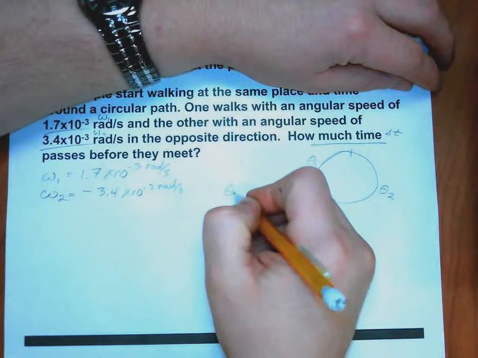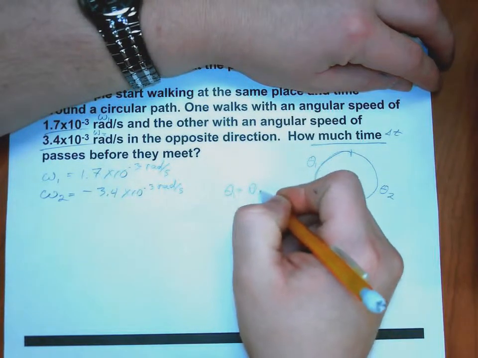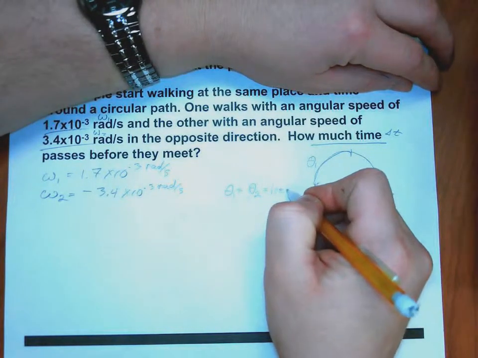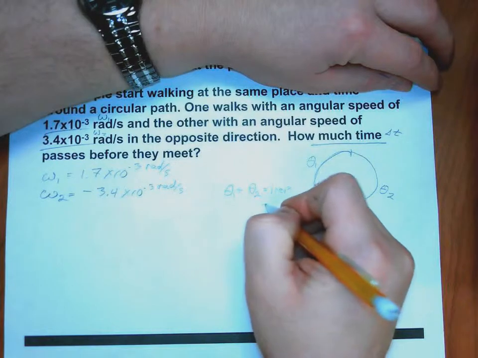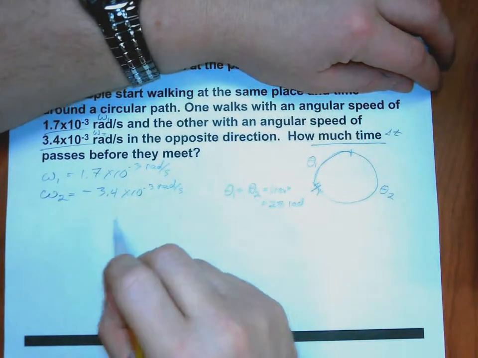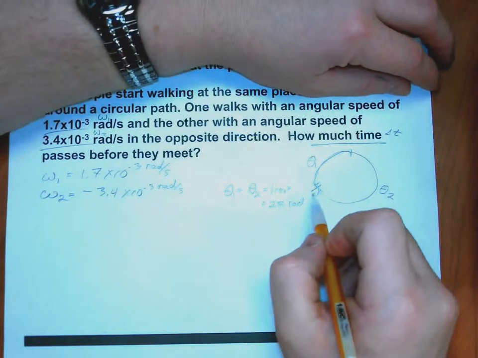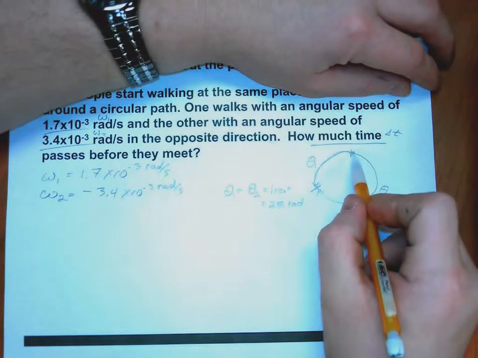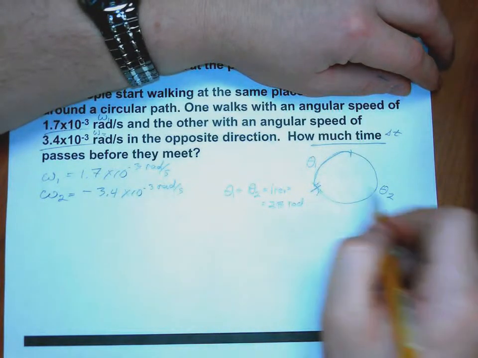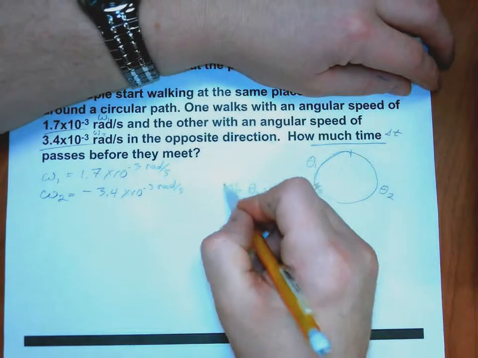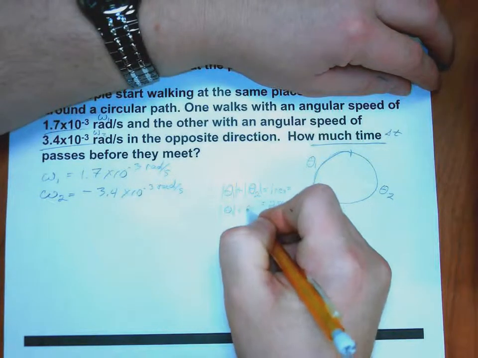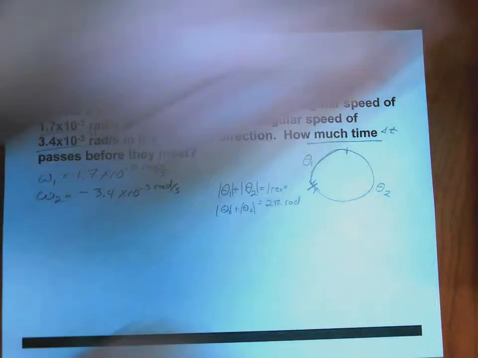So we know theta 1 plus theta 2 equals a full revolution, which equals 2 pi radians. However, this is going to be a negative angular displacement, and this is going to be a positive angular displacement. So I can't really say one plus the other. I'm going to have to say the absolute value of each. So the absolute value of theta 1 plus the absolute value of theta 2 equals 2 pi radians.